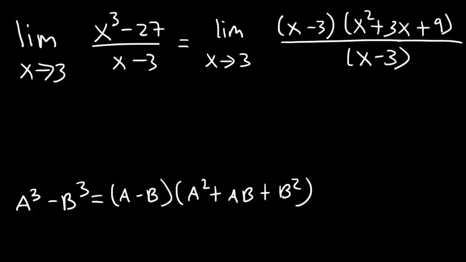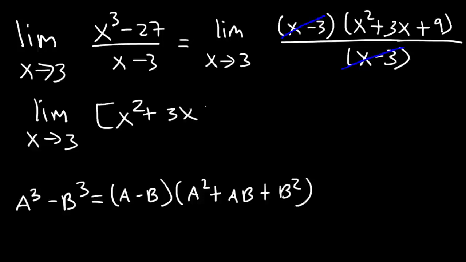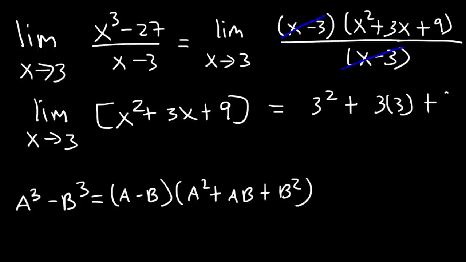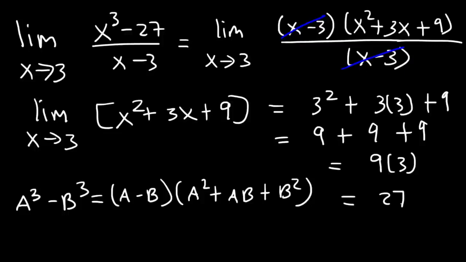So now we could cancel the factor x minus 3. What we have left over is the limit as x approaches 3 of x squared plus 3x plus 9. At this point, we now can use direct substitution. So it's 3 squared plus 3 times 3 plus 9, which is 9 plus 9 plus 9. Adding 9 three times is basically multiplying 9 by 3. And so this limit is equal to 27.